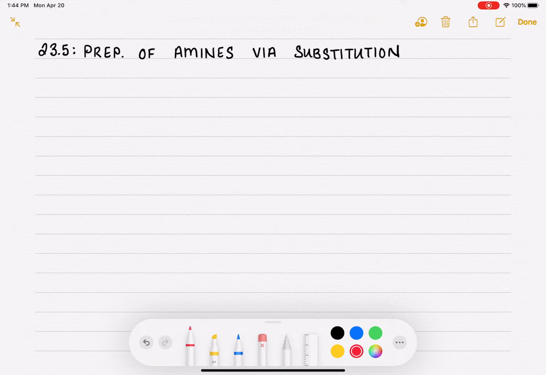So the first one that we're going to look at is called alkylation of ammonia. Ammonia being NH3. And alkylation referring to just putting R groups or alkyl groups on the nitrogen.